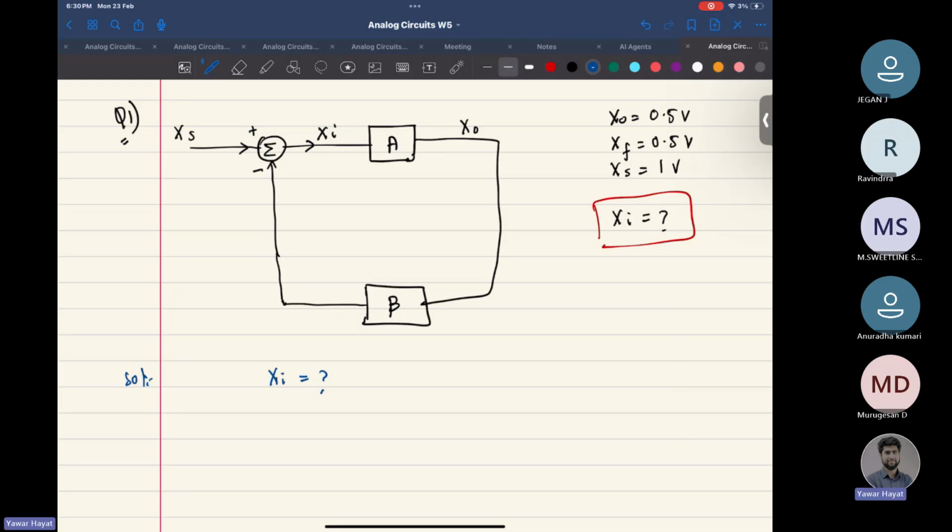How does this summer work? XS minus beta X naught. This plus sign is for XS, right? And this minus sign is for the signal that is coming here. What is the signal that is coming here? It's X naught times beta, beta X naught, correct?